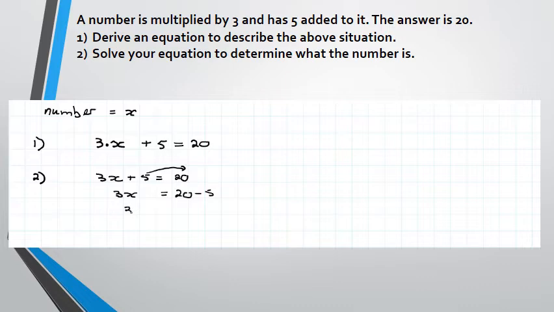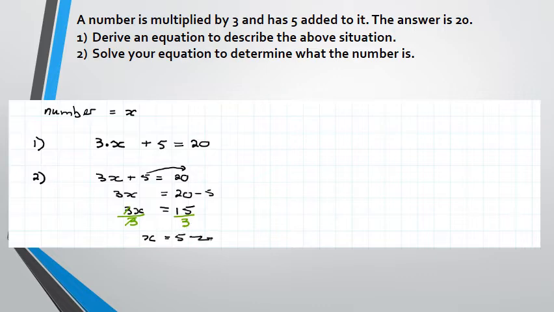So I'm going to have 3x equal to 20 minus 5, going to end up with a value of 15. Then on the left hand side I'm going to divide by 3, and what I do on the left hand side I must also do on the right hand side. So my answer is x equals 15 divided by 3, which gives me a value of 5.